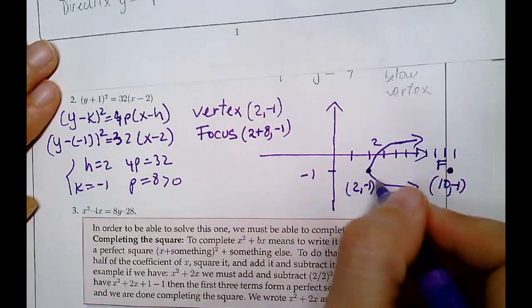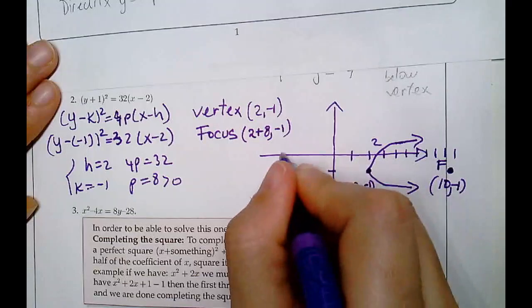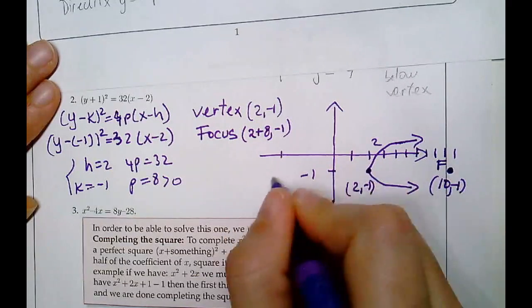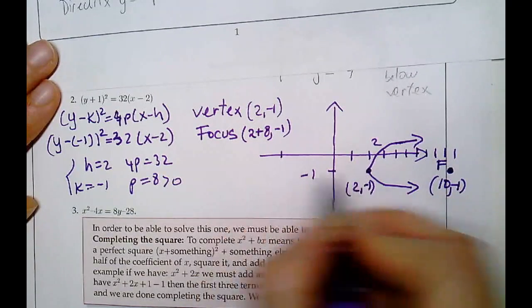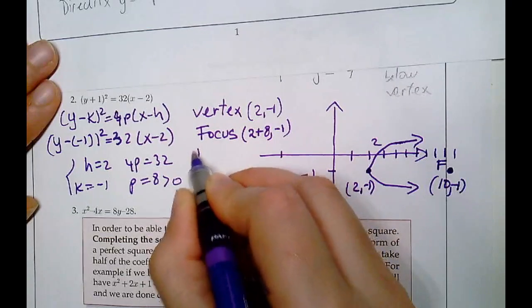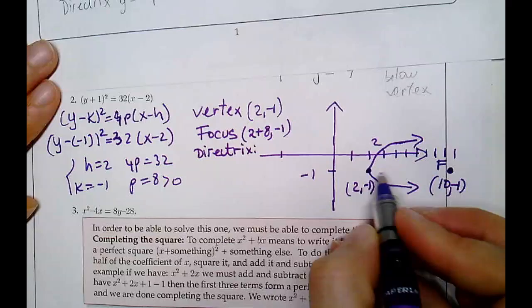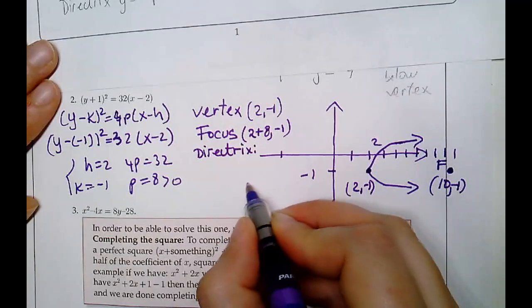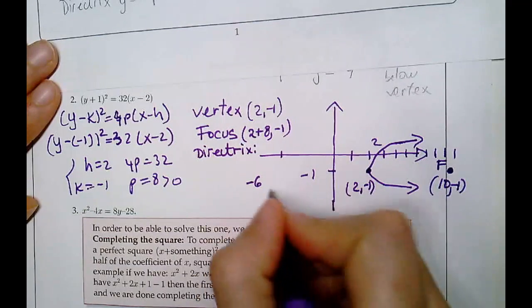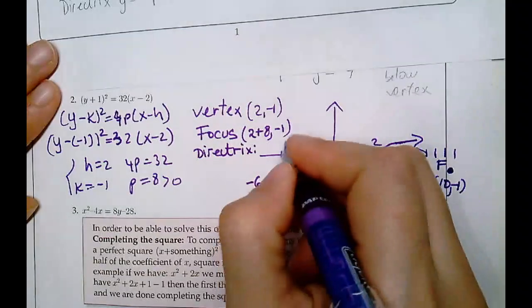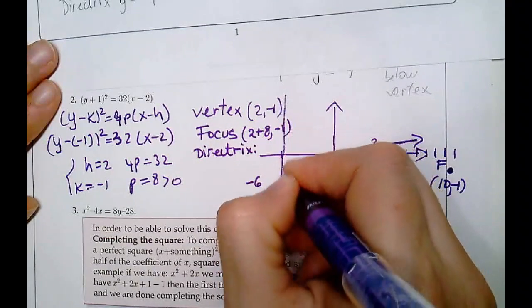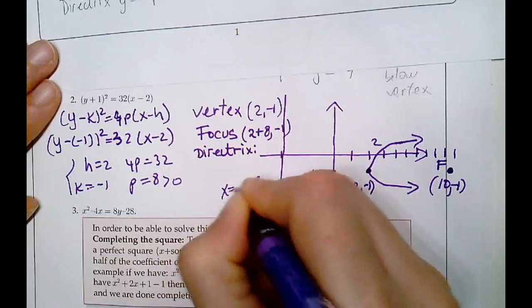And then the directrix is 8 units to the left of the vertex. So it's going to be, I'm just going to put it here. 8 units away from the vertex means 2 minus 8, so minus 6. So it's a vertical line that goes through negative 6.